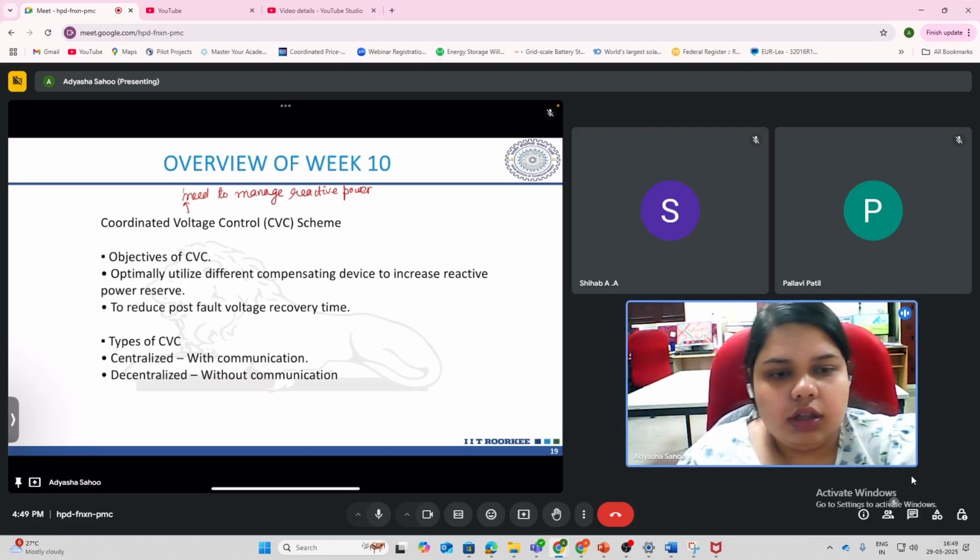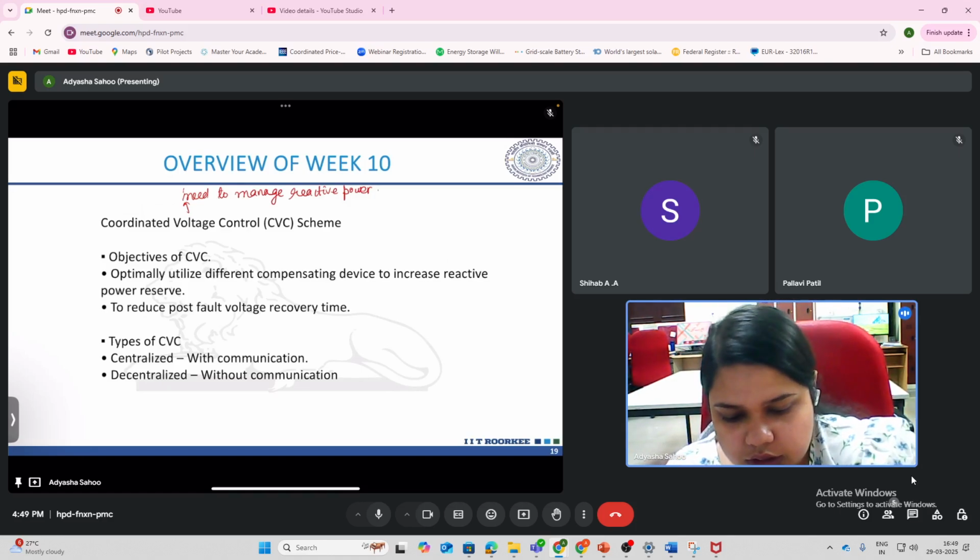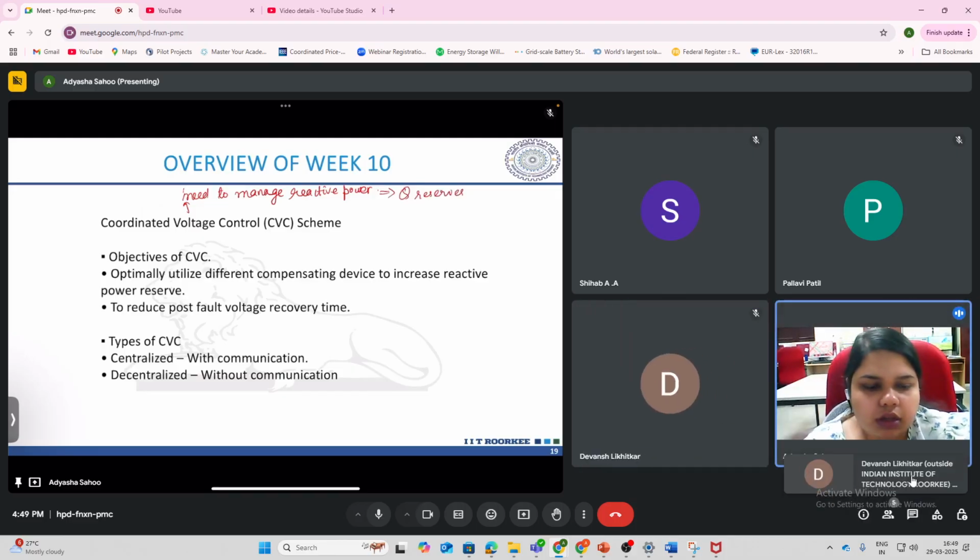It is usually recommended that we keep reactive power reserves in the system, which can be activated whenever there is a voltage violation. So these reactive power reserves can be activated to mitigate the voltage violation.